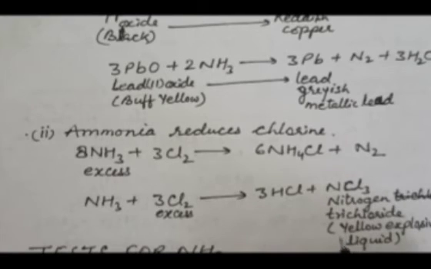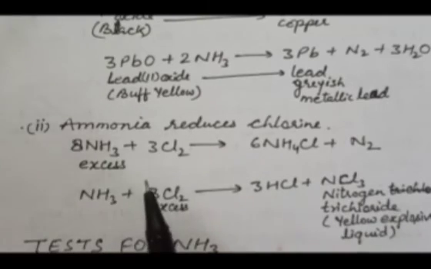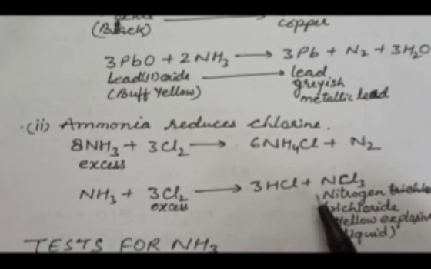This is a yellow explosive liquid. When ammonia reacts with excess chlorine, you get the yellow explosive liquid, nitrogen trichloride.